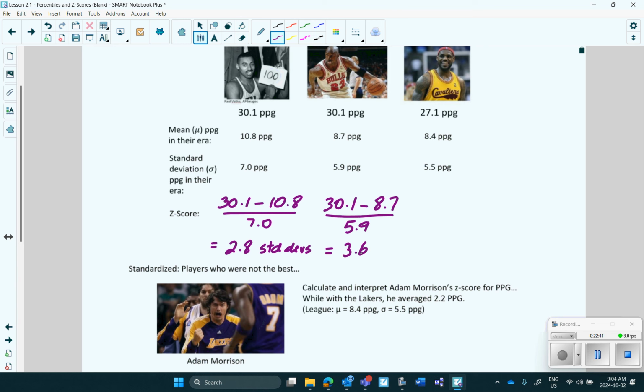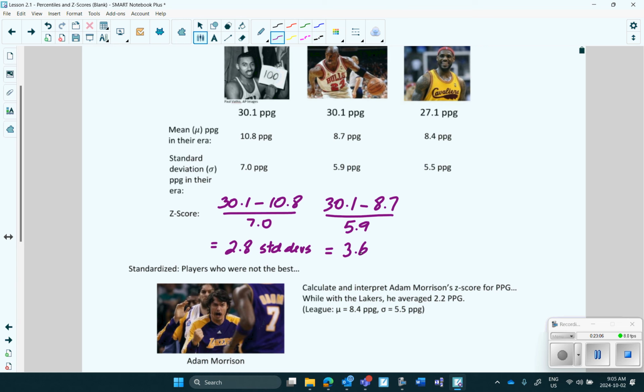So he performed better in relation to all the other players in the NBA during that era than Chamberlain did during his era. And we can see that kind of makes sense because even though they have the same average points per game, the mean was lower, as well as the standard deviation.